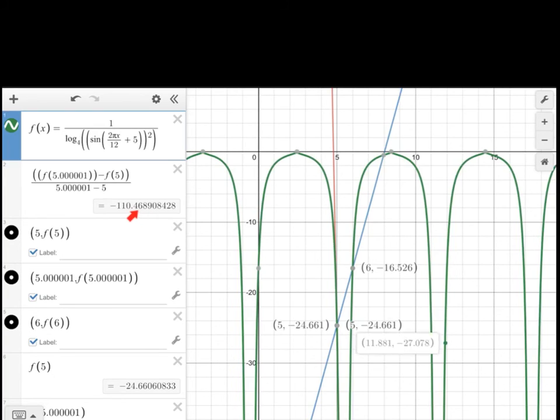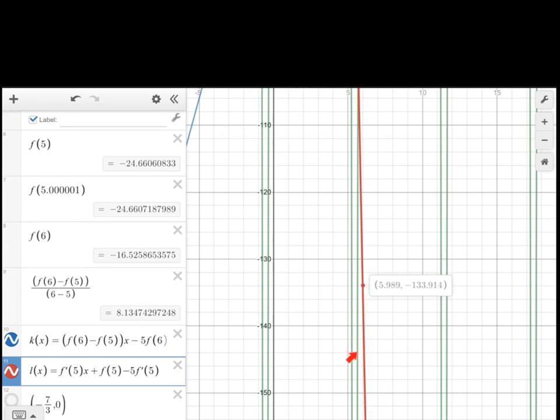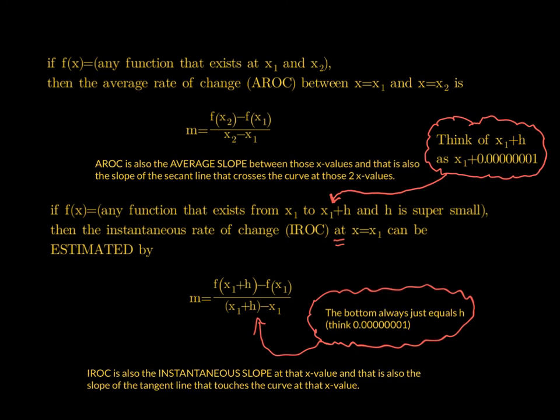Right, so if I go all the way down 110.47 minus 24 points, it should be about 135 is where it's going to cross that line at positive 6, sorry. It crosses 6 right there, at negative 135.129.